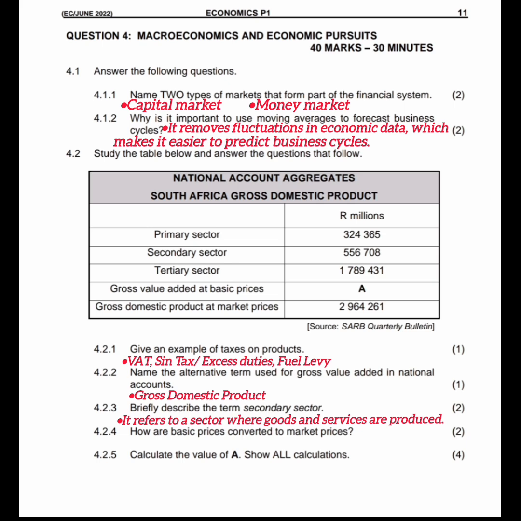And then we have our 4.2.4, how are basic prices converted to market prices? So to convert basic prices to market prices, we say GVA at basic prices plus taxes on products minus subsidies on products, which leads to our GDP at market prices, right?